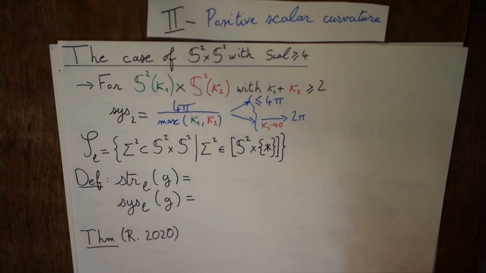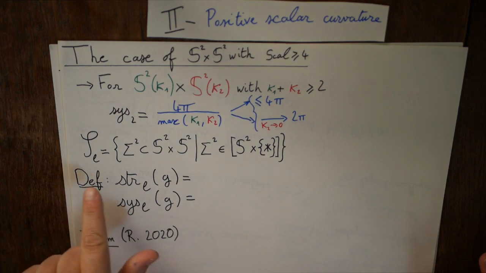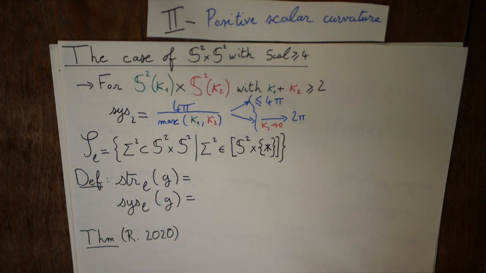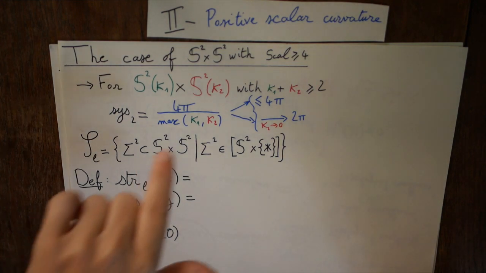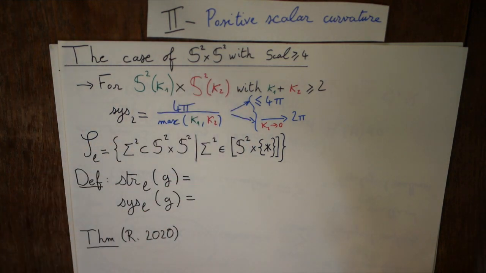So this is all the surfaces which are homologous to the first factor of S2 times S2. And given g, a Riemannian metric on S2 times S2, I will define what I call the left stretch, which will in some way control the size of the right factor.